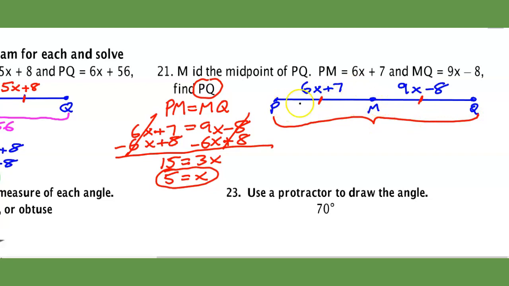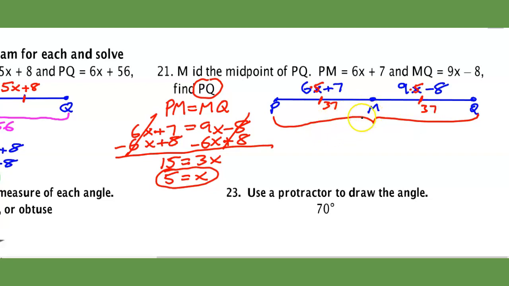We only know half the length. If we plug in 5 for either one of these, it should give us the same number. So let's try here. 6 times 5 plus 7 is 37. If we do the same thing here, 9 times 5 is 45, and 45 minus 8 is also 37.